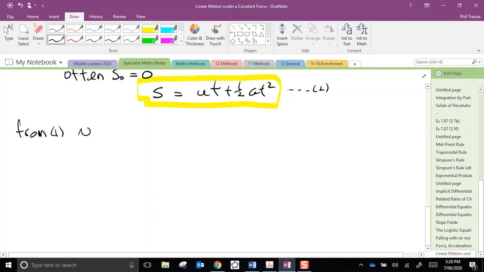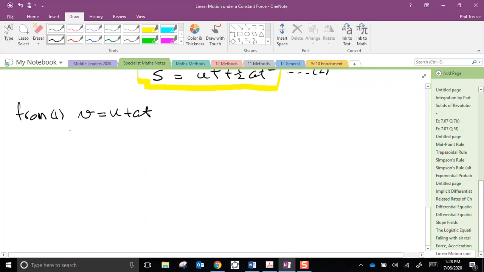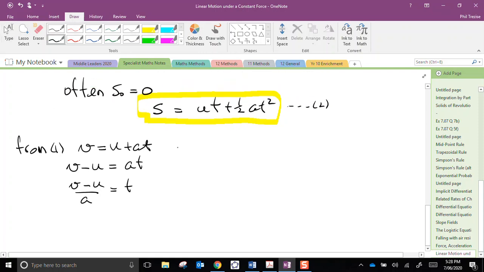Now from equation 1, we had that v equaled u plus a times t. v take u would equal a times t. v take u divided by a would equal t. Now let's sub into equation 2.